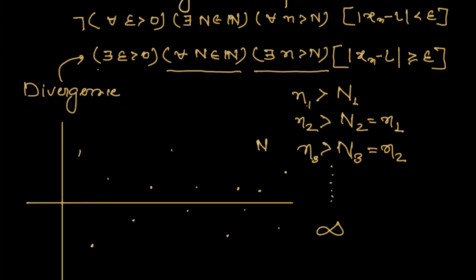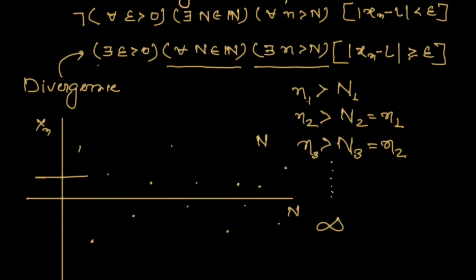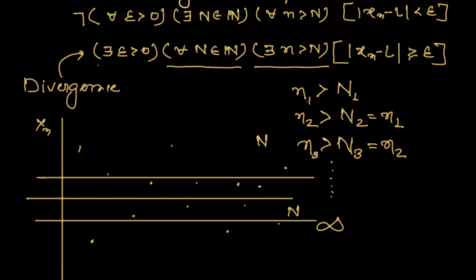Now let's try to understand the divergence in our other representation, in which on one axis we have the terms, that is natural numbers, and on the other axis we have plotted the sequence xn. So in this way you have to find an epsilon, such that this is L minus epsilon and this is L plus epsilon, that infinitely many terms will be outside this.